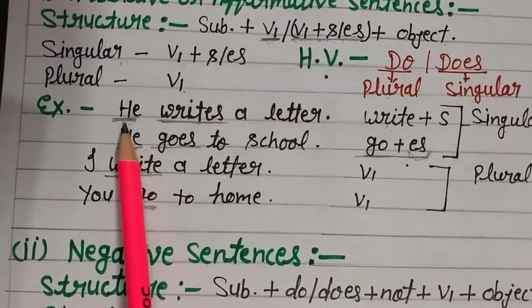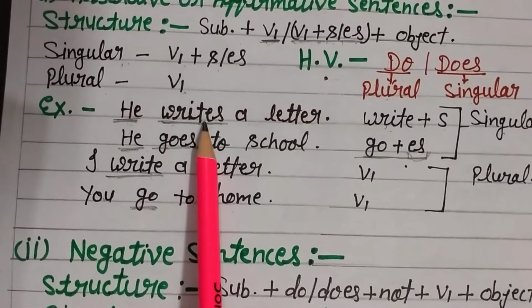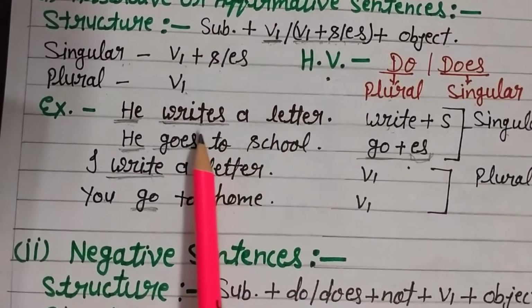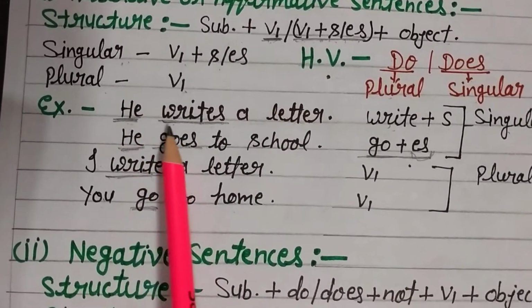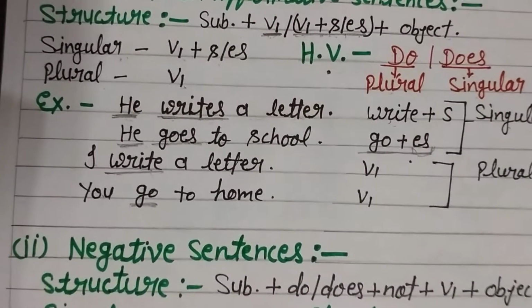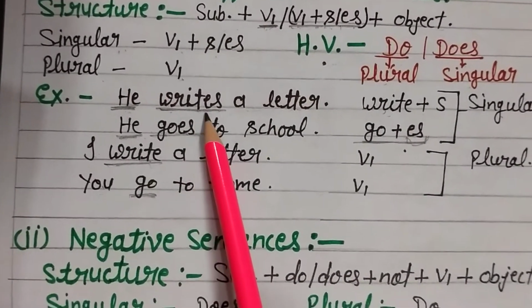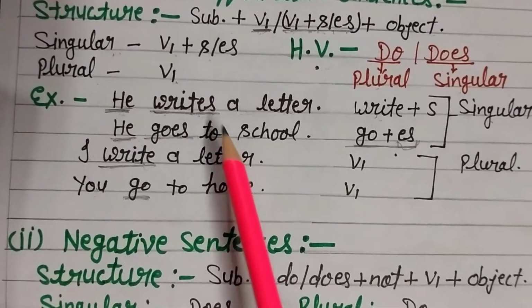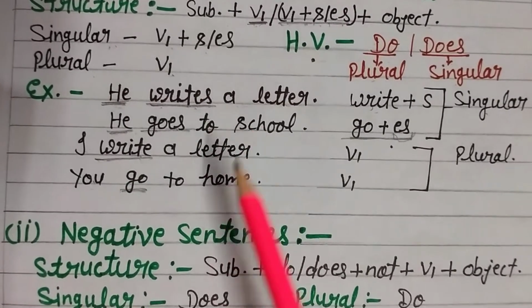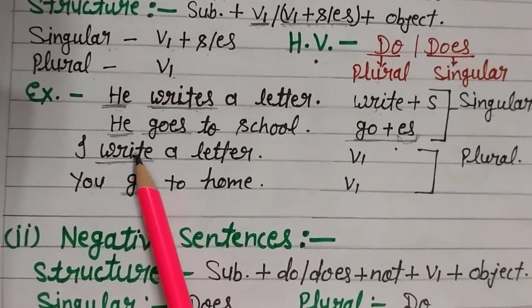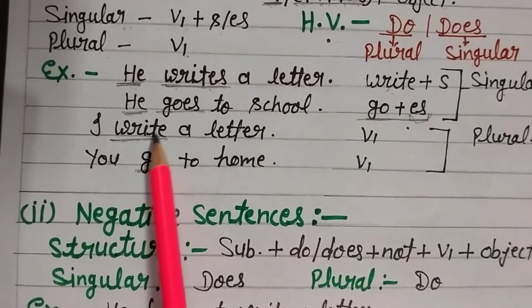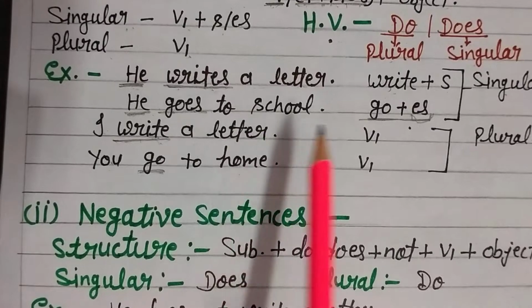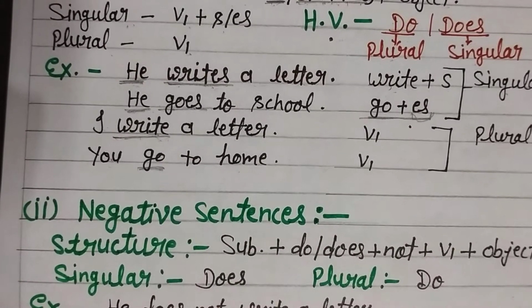Okay, but Ram and Ria write a letter. We do not write writes. So with singular we use s or es with the base form, first form of the verb, and with plural we do not write s or es. We only write the first form of the verb.